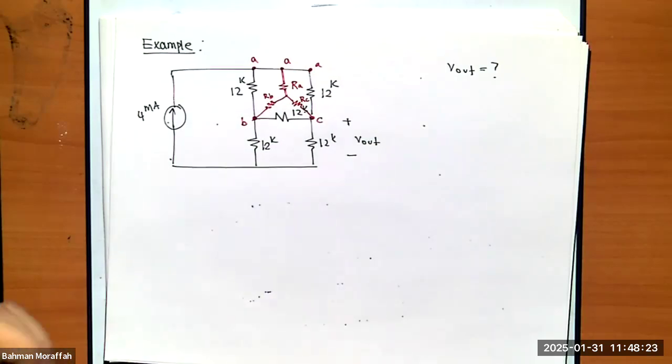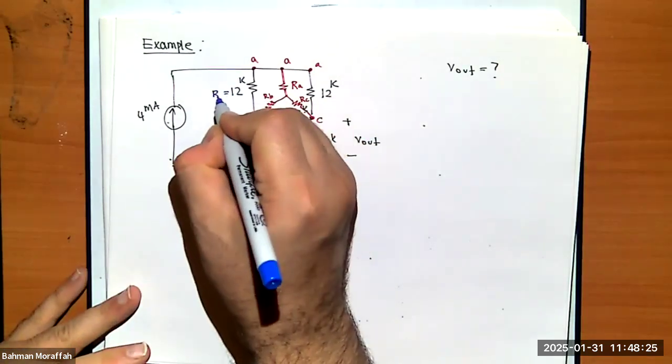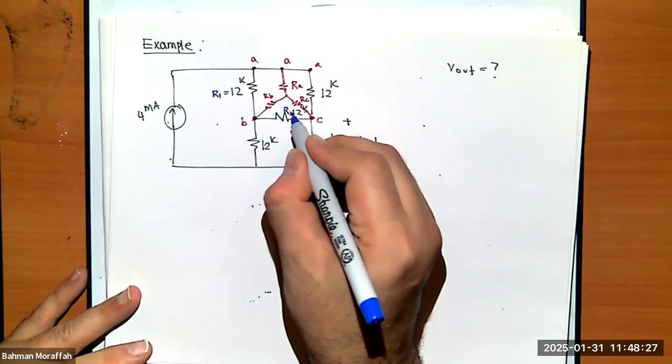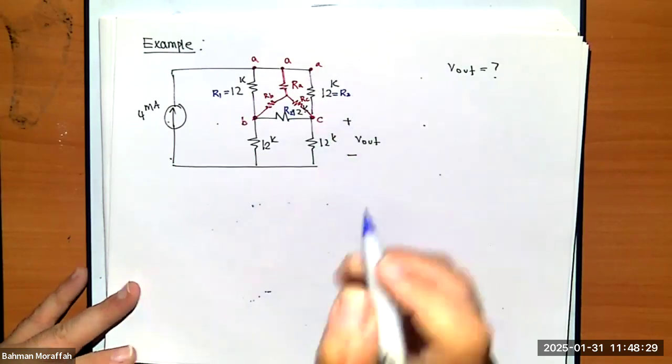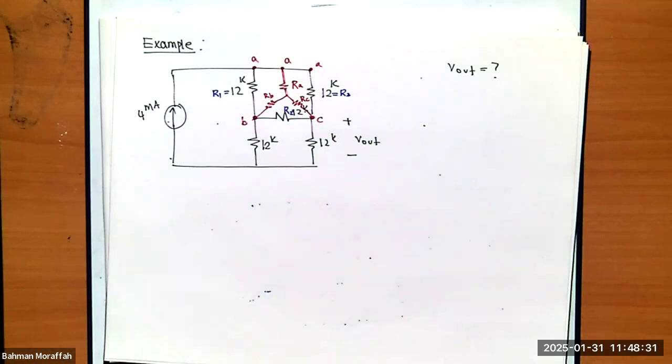And let's call these R1, R2, and R3. There's a reason I'm doing this: I want to go back and use the actual formula and not the shortcut that we learned. I want to use the actual formula.